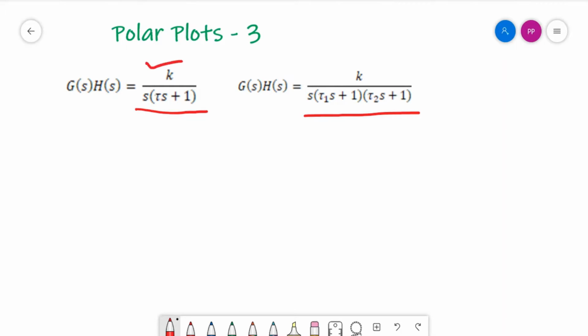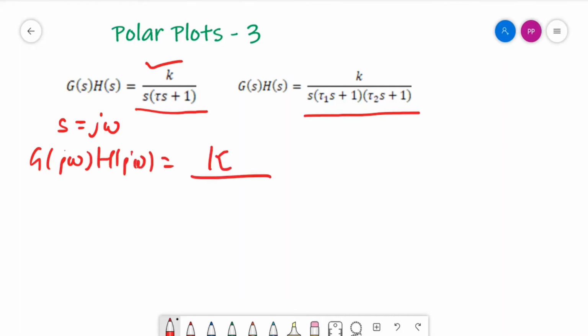So as usual, we assign s equal to j omega. So we have G(j omega)H(j omega) equal to K divided by j omega into (tau j omega plus 1). This is again equal to, after expanding the bracket, we get the negative term where we have j square and the positive term, that is the imaginary term.